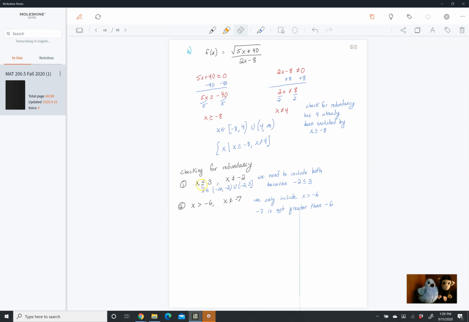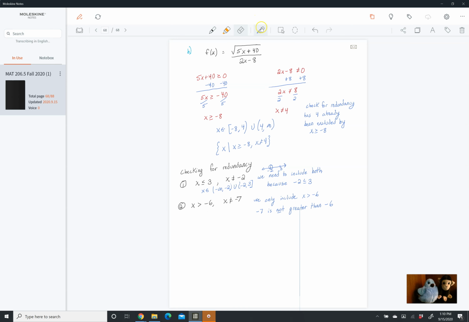My suggestion would be to draw a number line, pick out the -2, pick out the 3, and just draw your circle there. You're going from left to right. So -infinity to -2, jump over the -2, stop at the 3. That just might help you with the interval notation because we go left to right. This one is easier because there's only one of them.